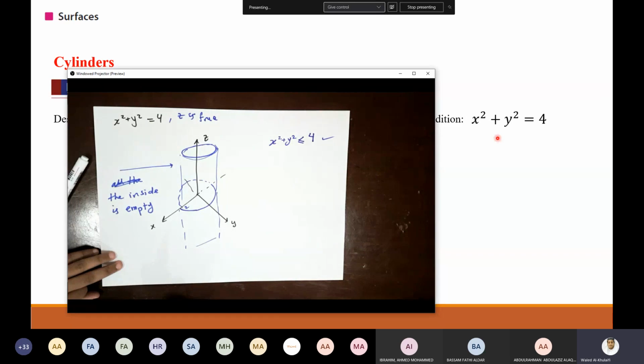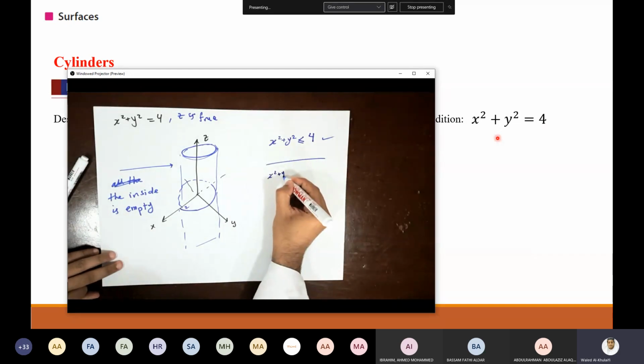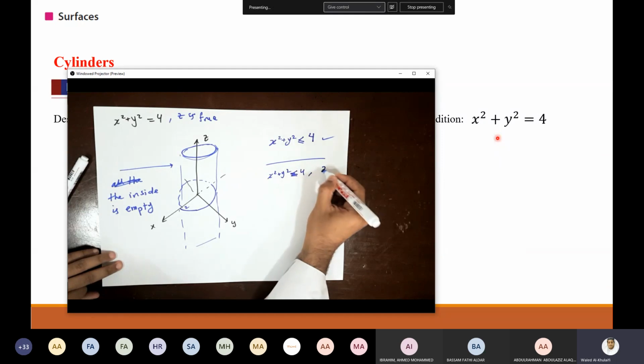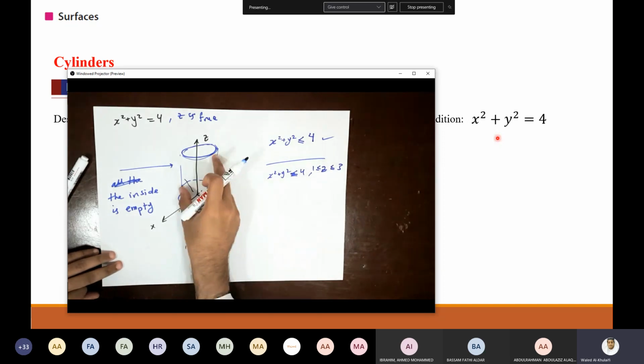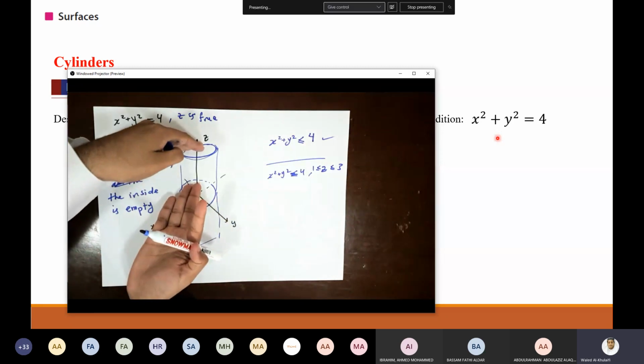Regarding some answers I received, if someone said x squared plus y squared less than or equal to 4, but said z is between 1 and 3, he means a cylinder with inner points, but only a portion of the cylinder.